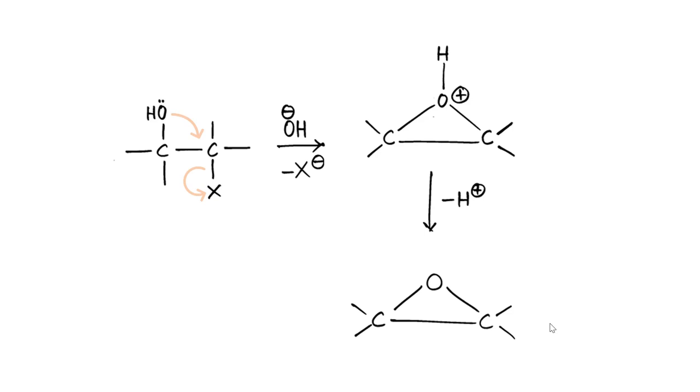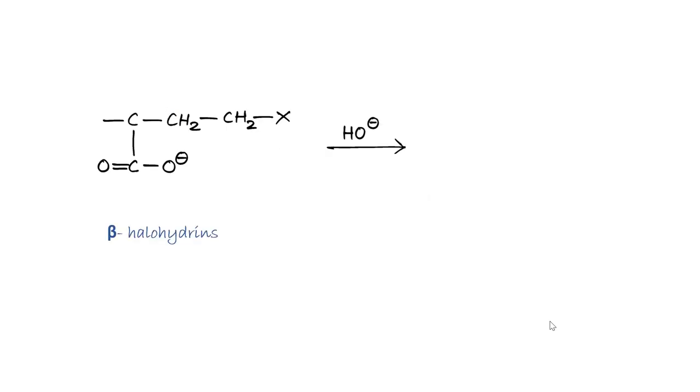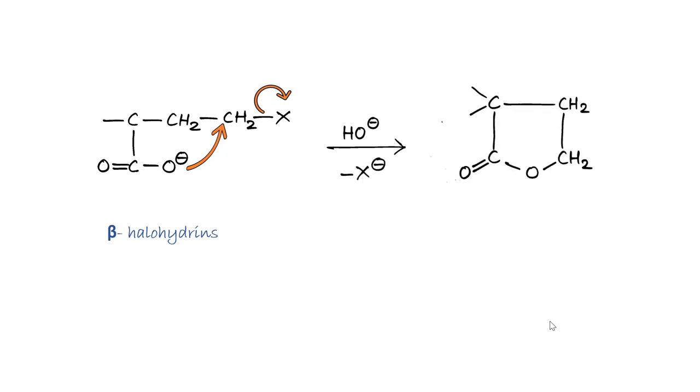So in cases where a stable ring formation takes place, NGP is not possible. One more example. In this case also, this oxygen can easily attack this carbon and X is eliminated as X minus, with formation of a five-membered cyclic ring, which is a more stable compound. So in this reaction also, no NGP takes place.